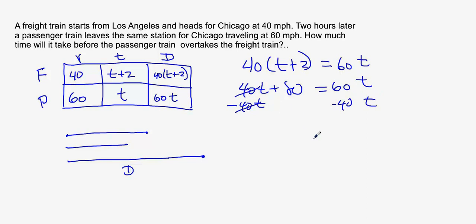This goes away, and I get an equation that says 60 minus 40, which is 20t equals 80. And t becomes 80 divided by 20, so 8 divided by 2 is 4. So the time it takes for them to catch up is really 4 hours.